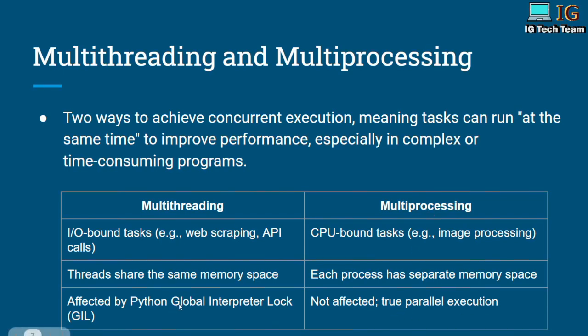So you have to understand this global interpreter lock. That means even if our computer has multiple CPU cores and our Python program creates many threads, only one thread can run Python code at a time because of the global interpreter lock. Because of this GIL effect, multi-threading may not behave like truly parallel execution.